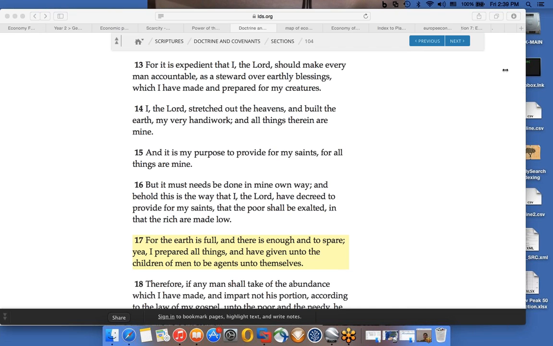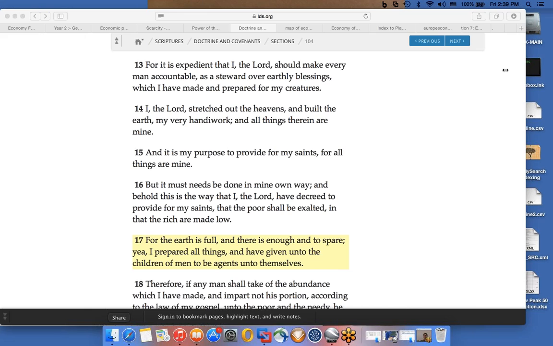But it must needs be done in mine own way. And behold, this is the way that I, the Lord, have decreed to provide for my saints, that the poor may be exalted, and that the rich are made low. For the earth is full, and there is enough and to spare. Yea, I prepared all things, and have given unto the children of men to be agents unto themselves.